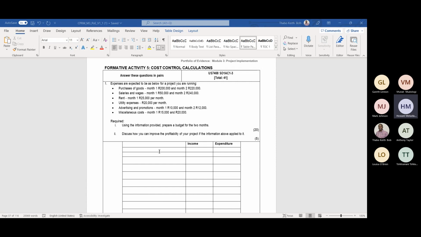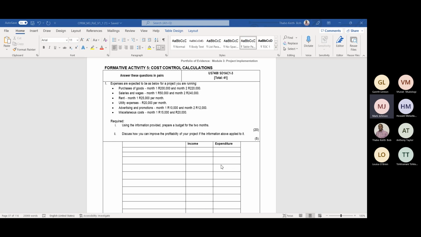What I don't understand on miscellaneous costs is that we're adding 15,000 and 20,000, which is 35,000 for month 1, and then we will multiply it by 2 for both the months. I hear what you're saying.